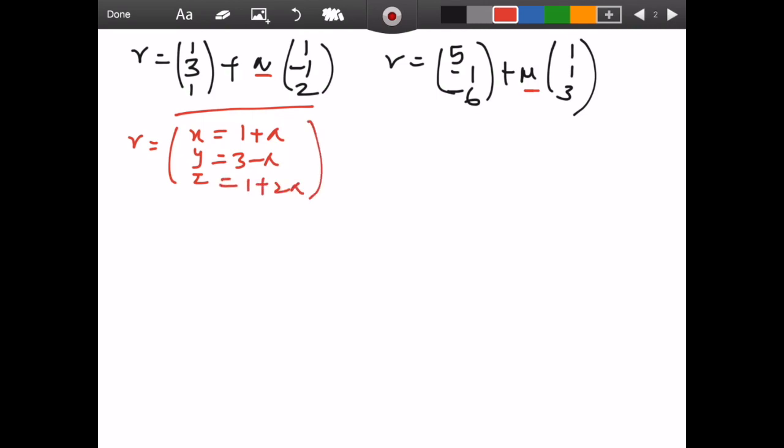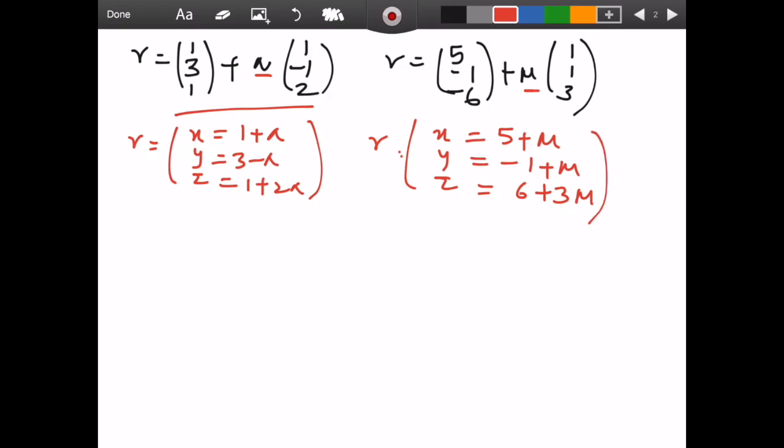The second is x, y, z equals 5 plus mu, negative 1 plus mu, and 6 plus 3 mu. So these are the two parametric forms for the lines.